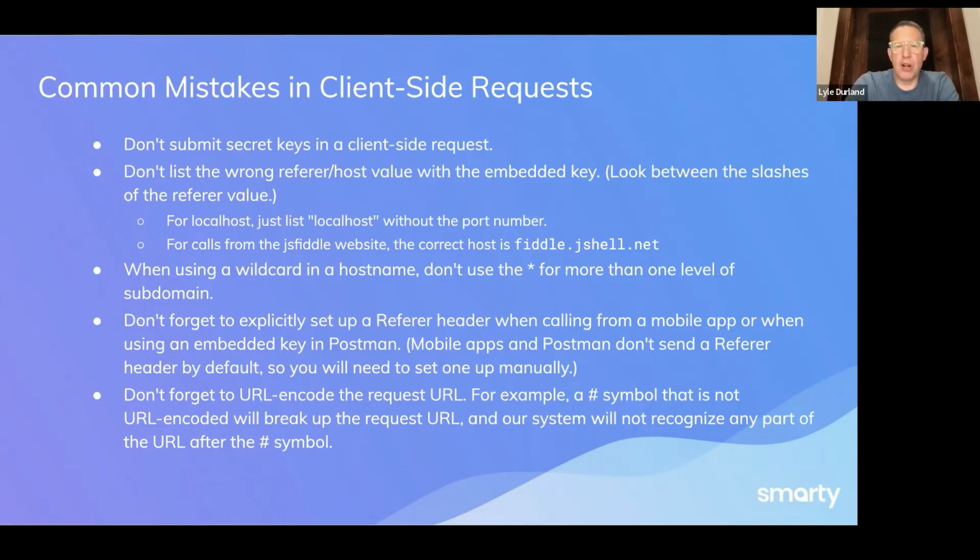So if your URL has authentication credentials listed after a pound symbol that's not URL encoded, our system is not even going to see the authentication credentials. A URL encoded pound symbol or number sign, by the way, is %23. We recommend that with any programming language, there are standard libraries, I think, to URL encode the request that you're sending, and then you won't have any issues that way.